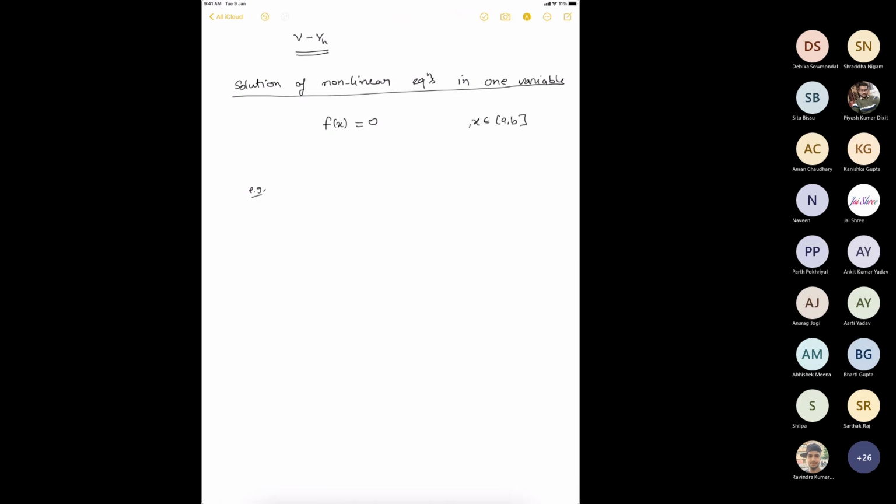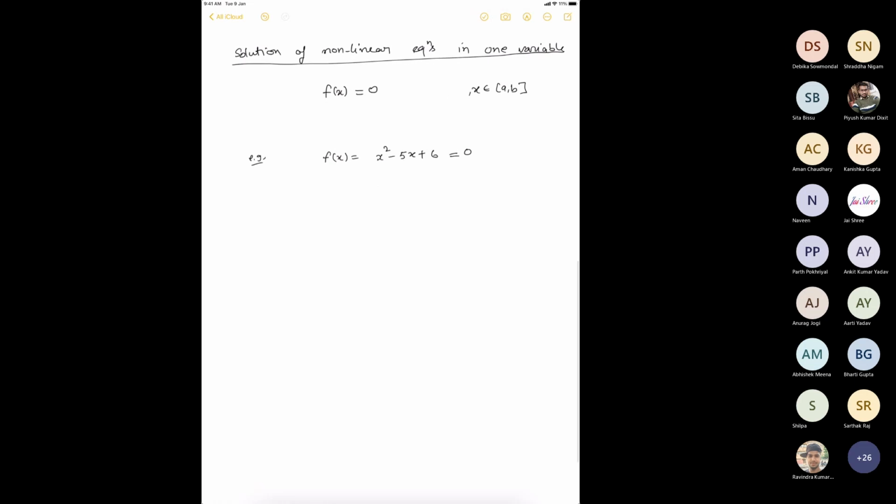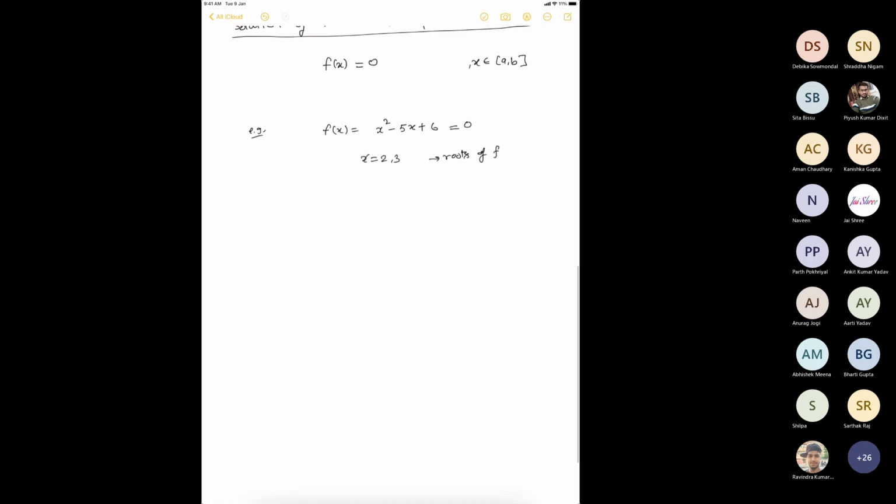For example, you would have come across solving quadratic equations, cubic equations, right? Let's take this example, x squared minus 5x plus 6. Then you have to find the root of this function f. You will say this is very easy. You can simply find it and you will get 2 and 3 as the roots of f. Right? So in this case, it was very easy.